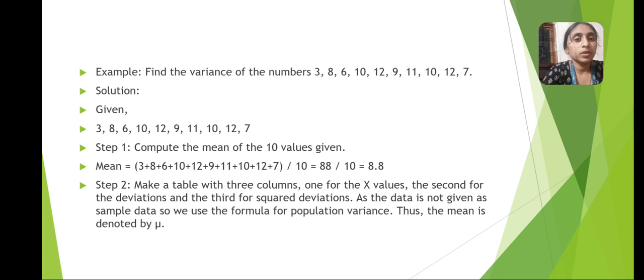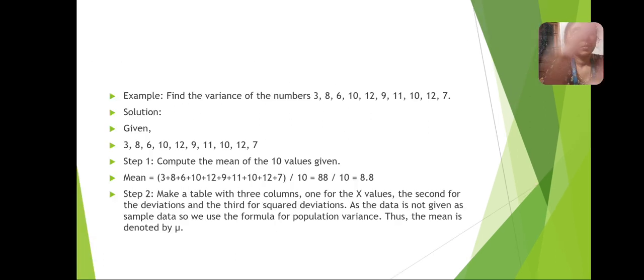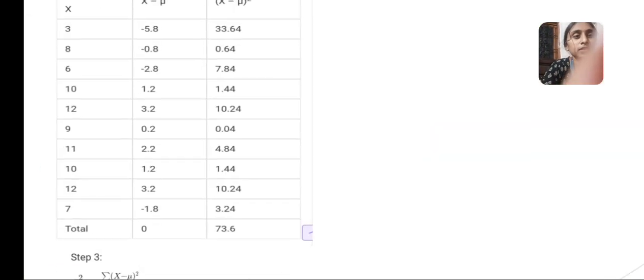Now step 2 is to make a table with three different columns: one for the x value, the second for the deviation, and the third for the squared deviation. As the data is not given as sample data, we need to calculate the population variance. Thus the mean is denoted by mu, and here is the table.